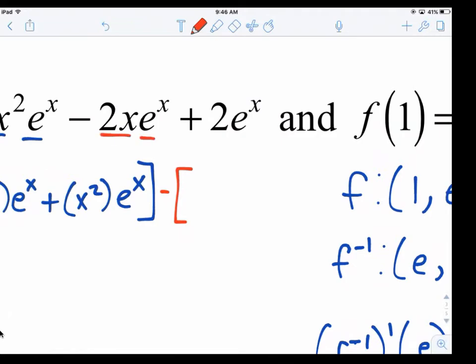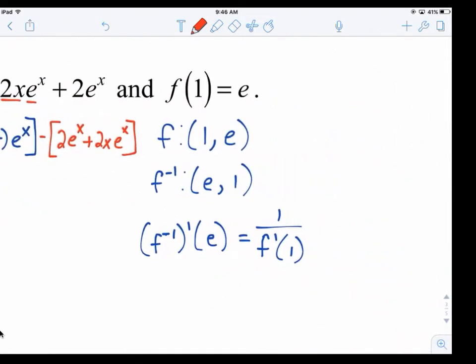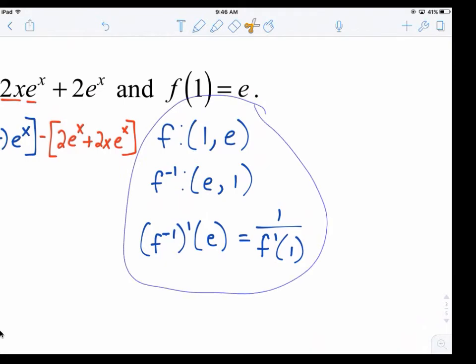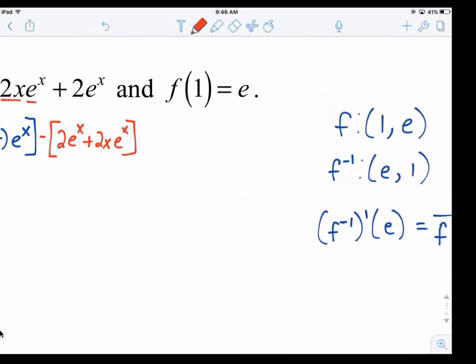You have 2x times e to the x. The derivative of the first is just 2 times the second, plus the first times the derivative of the second, and the derivative of 2e to the x is just what? 2e to the x, right?